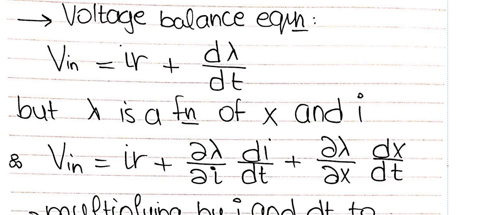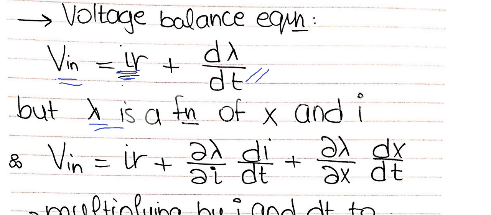We will start by expressing the voltage balance equation, which is the heat dissipated in the resistor. The V input is equal to the heat dissipated in the resistor plus the induced EMF, the back EMF. But as we just said, lambda, the flux linkage, is a function of x and also i.